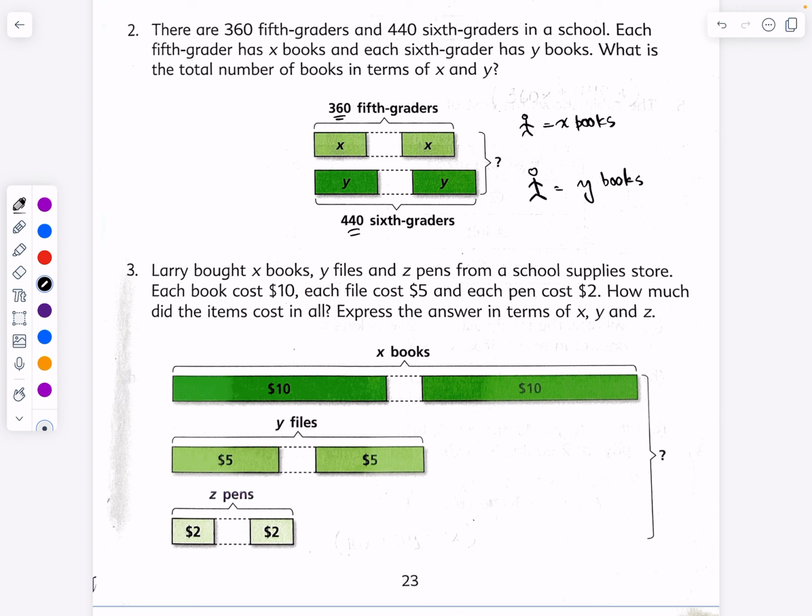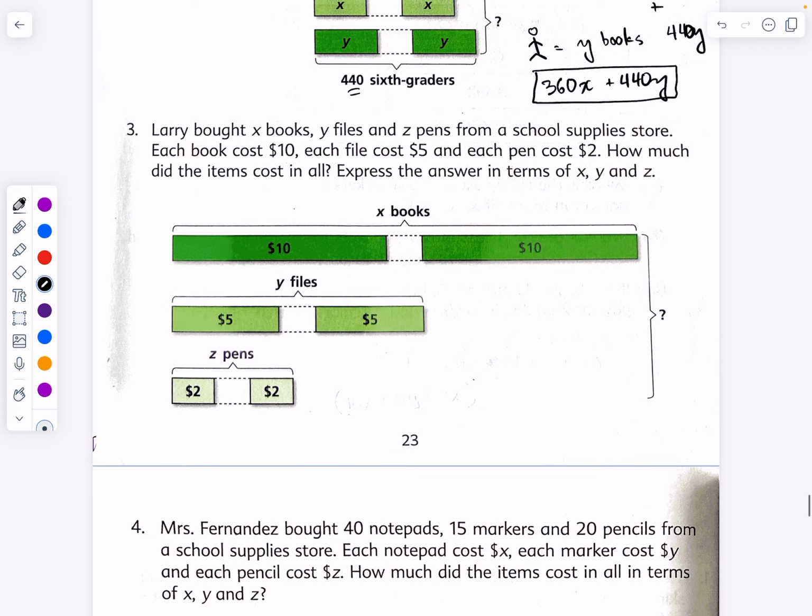What about 360 fifth graders? They would have X times 360, but in the language of algebra, we would write 360X plus 440Y. And as a single expression, we would write 360X plus 440Y. Just like that.